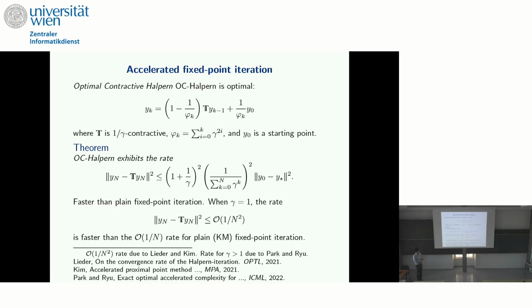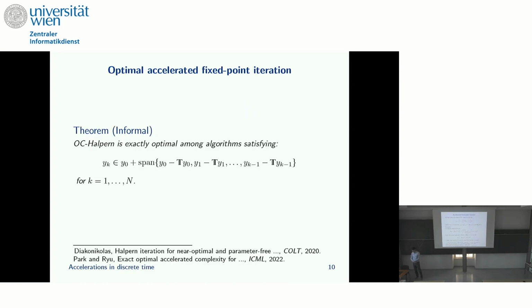It reduces to a 1 over n squared rate when your operator is merely non-expansive. And this is faster than the 1 over n rate offered by the plain KM iteration. So in this sense, I refer to this as an acceleration. I'll just quickly mention that this rate is optimal. There's a matching complexity lower bound, and I'll move on.